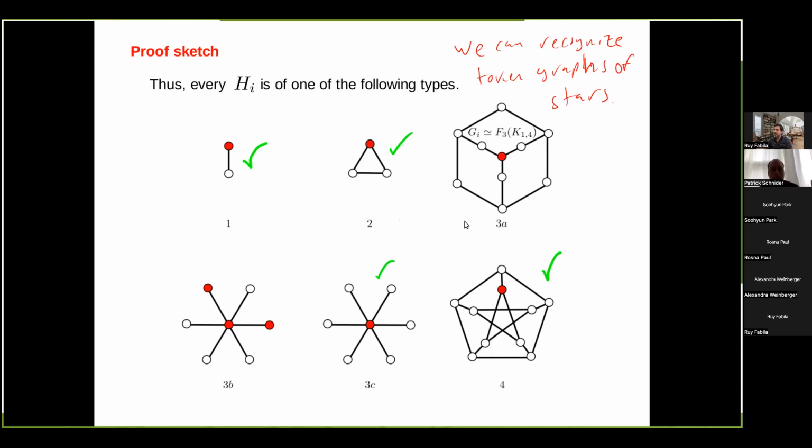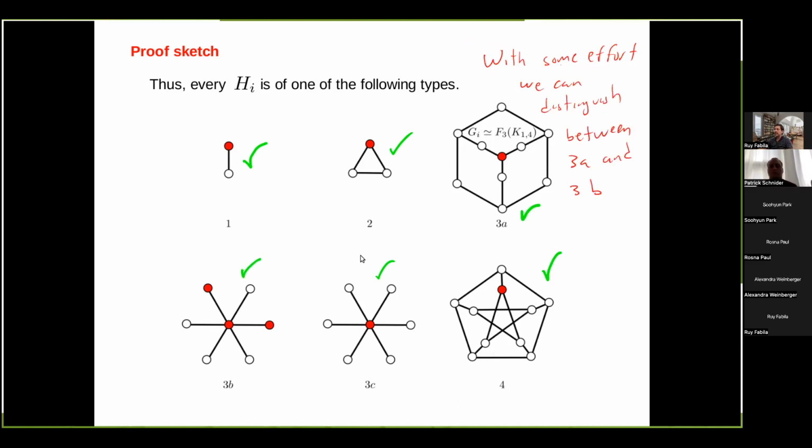And then we only have to take care of these guys. But then with some effort, we can use what we already know to distinguish when we have the token graph of a star with more than 1 token, or a graph isomorphic to the token graph of a star with 1 token.